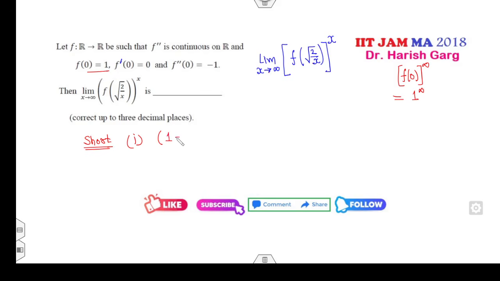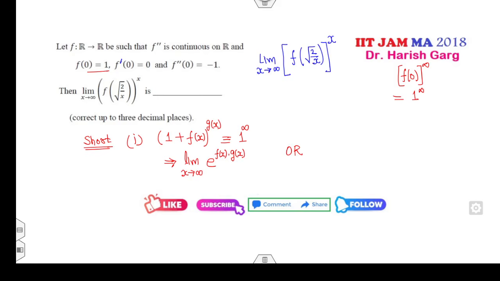Whenever you have [1 + f(x)] raised to g(x) of the form 1 raised to power infinity, then you can write it directly as e raised to power f(x) into g(x).